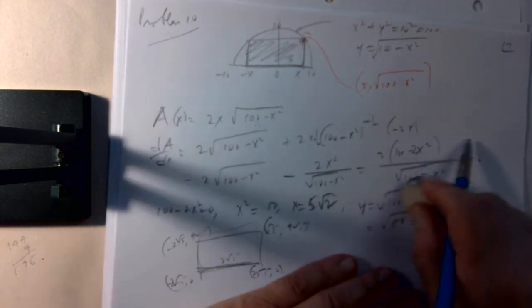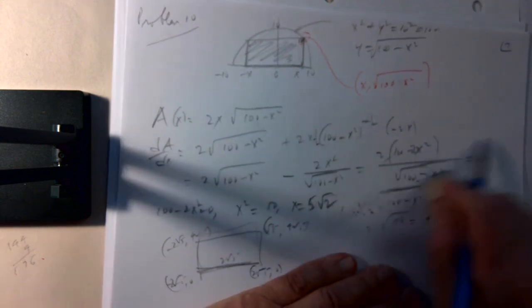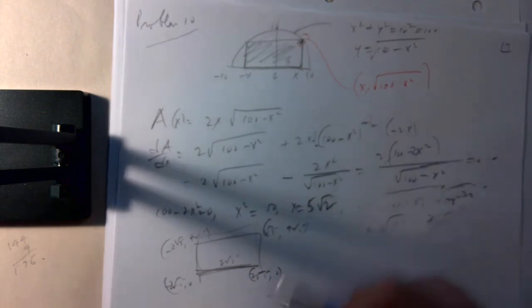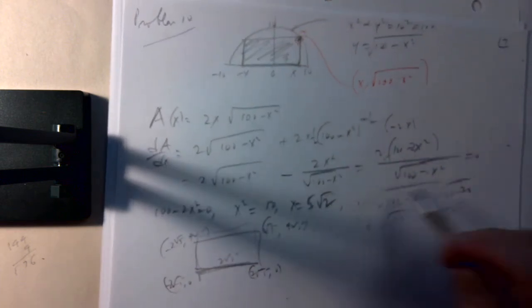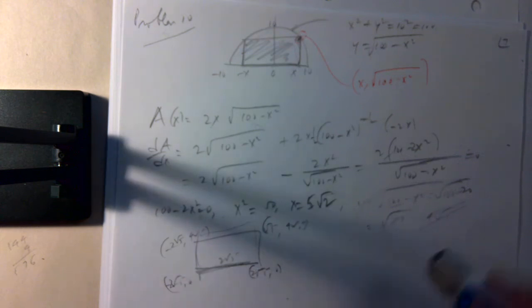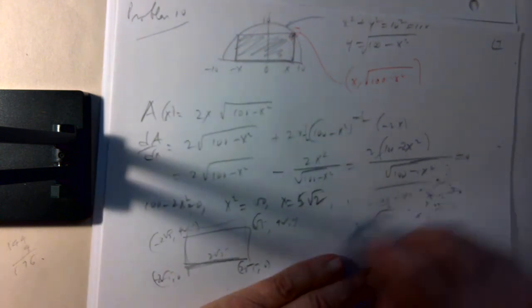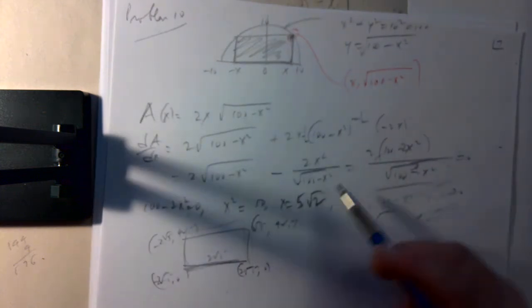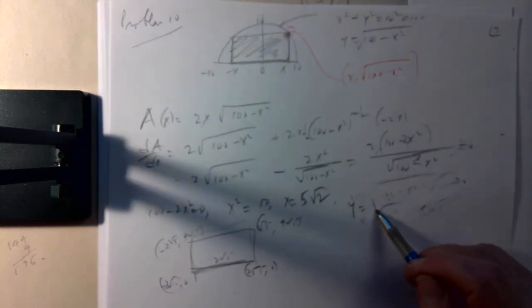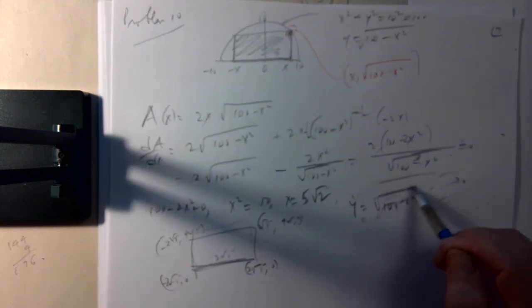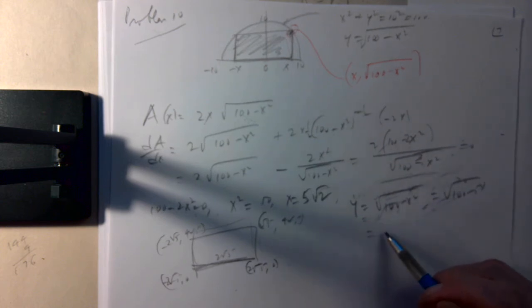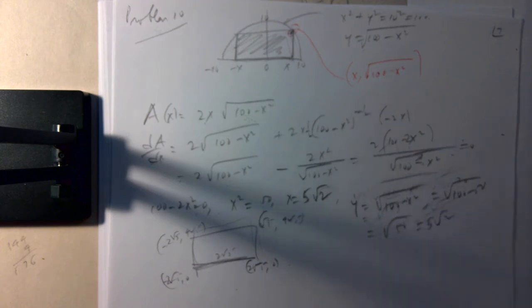And when x is 5 root 2 and x squared is 50, y is the square root of 100 minus x squared, which is the square root of 100 minus 50, which is the square root of 50, which is also 5 root 2.